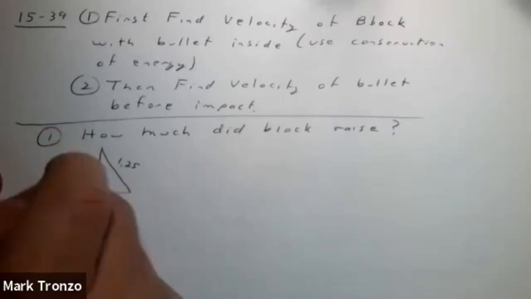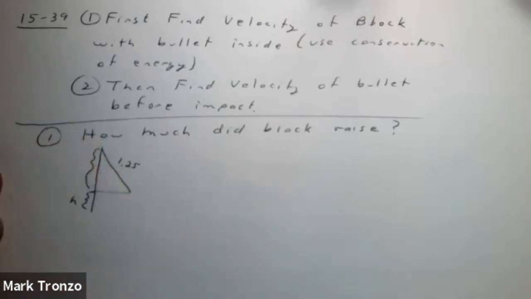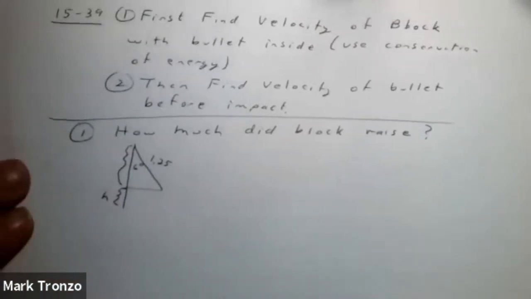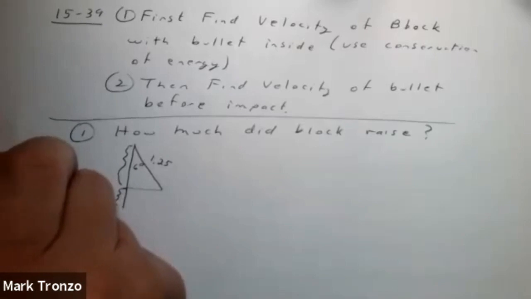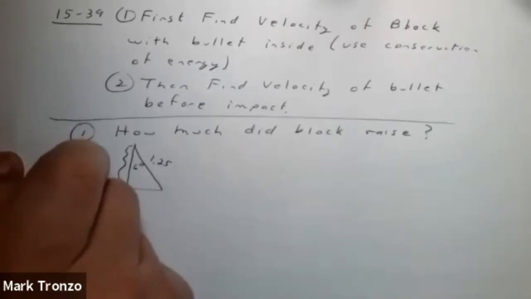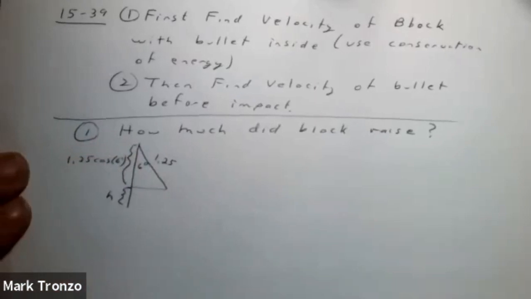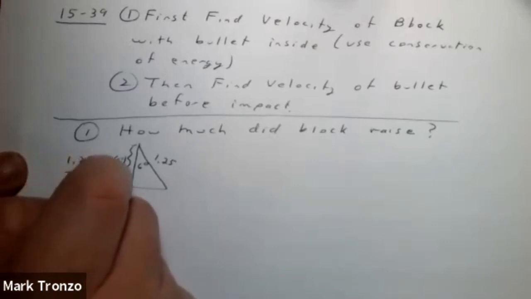So now this side over here, if this is 6 degrees, this is going to be 1.25 cos of 6 degrees, which is 1.243 meters.